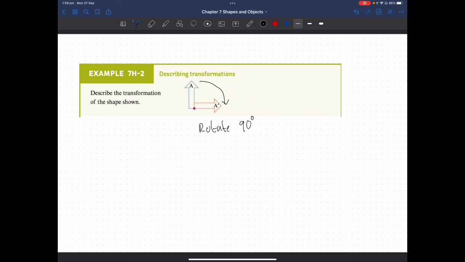Now I could go clockwise or anti-clockwise, but if I'm talking about rotating 90 degrees, I've gone clockwise, the direction that the hands in a clock move. If I was talking about anti-clockwise, then I'd have gone around 270 degrees in an anti-clockwise direction.